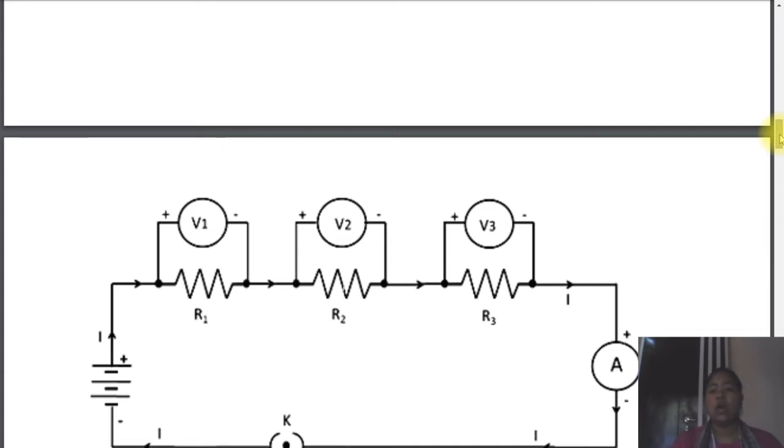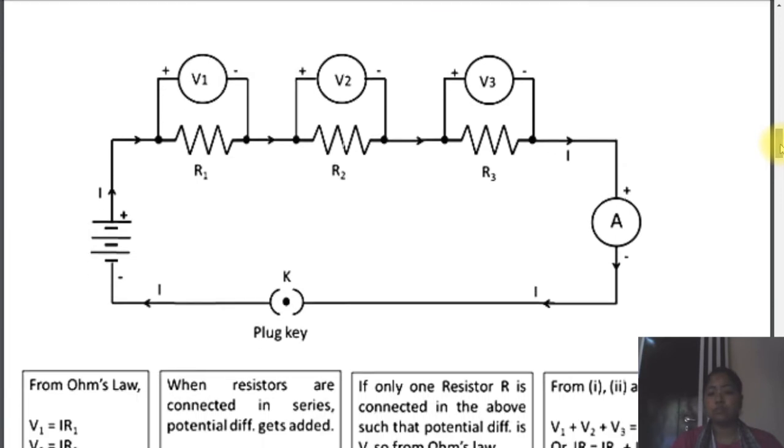Now we will see the circuit diagram. Here we have the symbol of the resistor. We already talked about the symbols of the electrical components in our second lecture. So this is the symbol of the resistor, this is the symbol of the battery or the cell that we are using. This is the plug key to open and close the circuit.